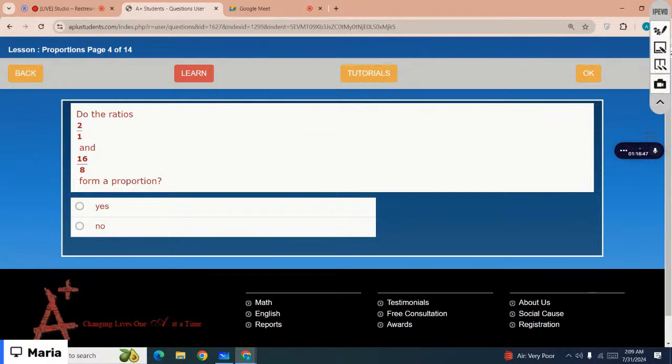Do the ratios 2 by 1 and 16 by 8 form a proportion? Which is the correct option?